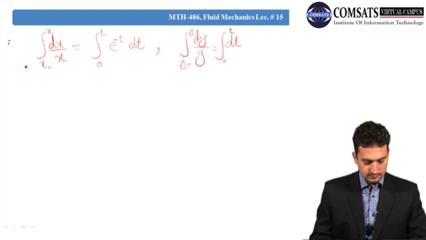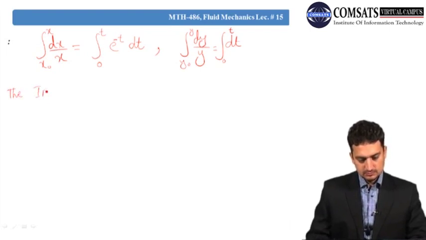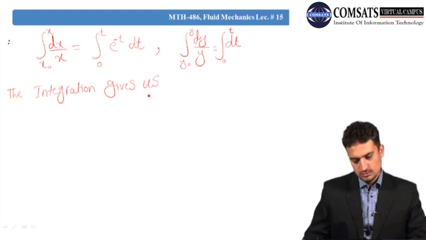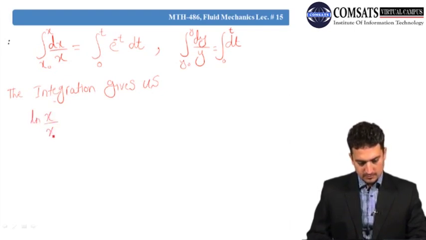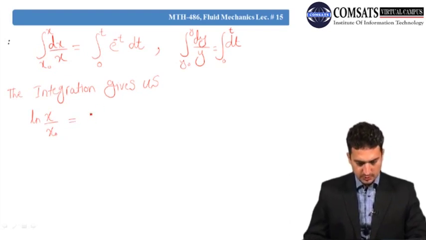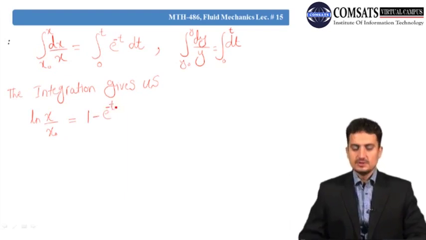Integrating, the integration gives us natural log of x over x naught is equal to 1 minus e to the power minus t.